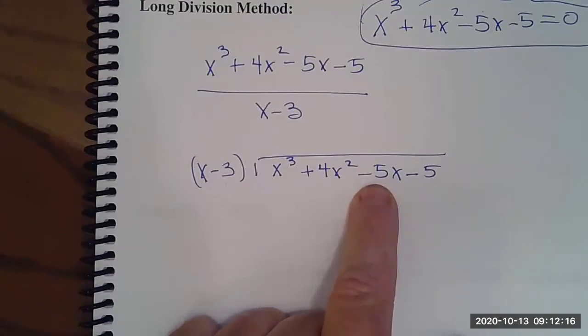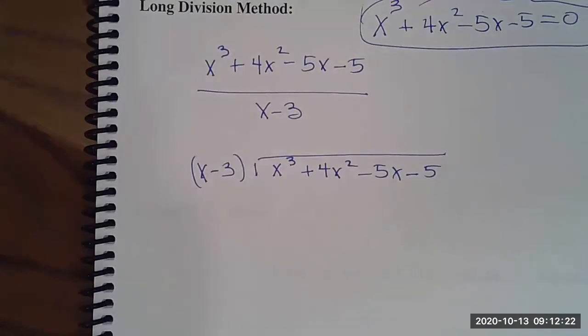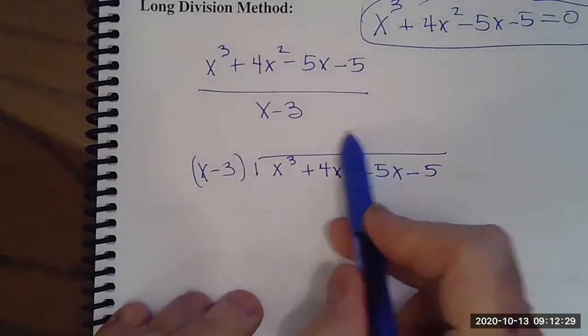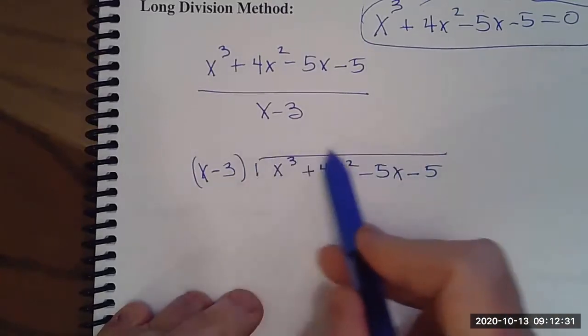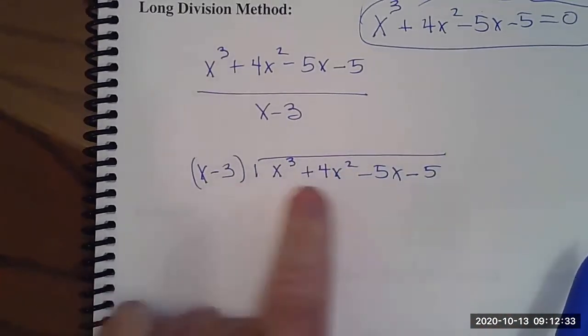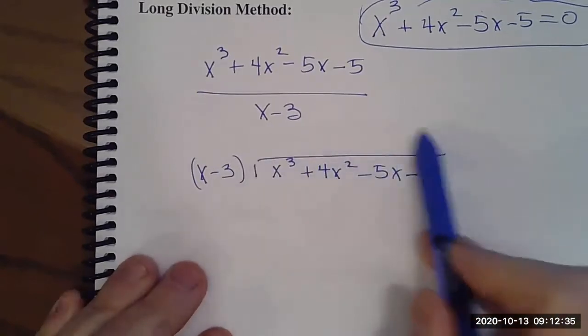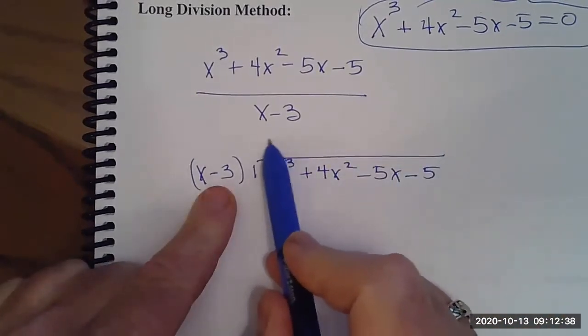Quotient, you've heard of quotient before. That's a common phrase. Quotient's like a fraction, a ratio, it's the result. I like the idea of a result. The quotient would be up here. That's the quotient, the result. So divisor, dividend, quotient.